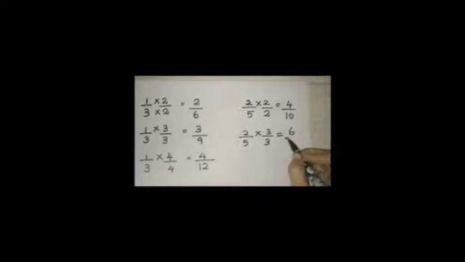Next, 2 by 5 into 3, and the denominator also you have to multiply by 3. So 2 3s are 6. 5 3s are 15. Yes, very good. Next, 2 by 5 into 4: multiply the numerator by 4 and the denominator also by 4. So 2 4s are 8 and 5 4s are 20.